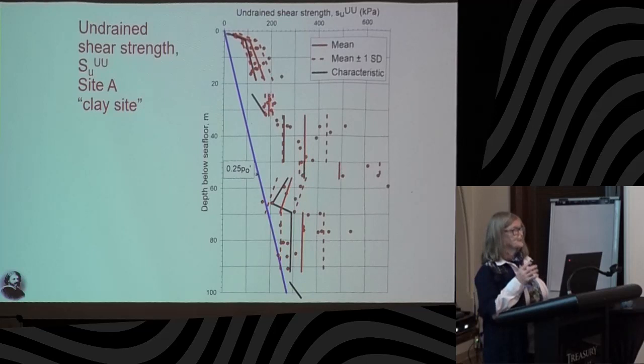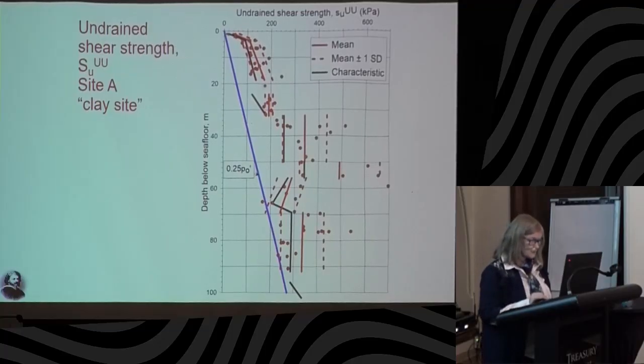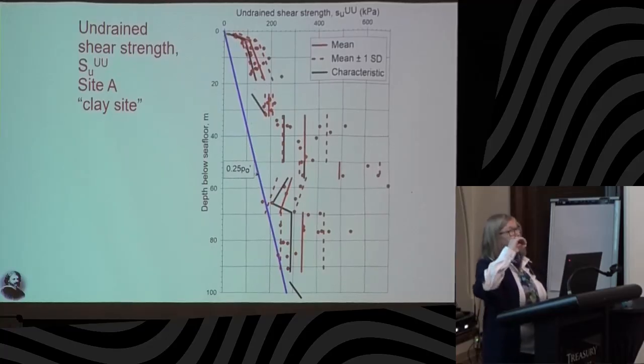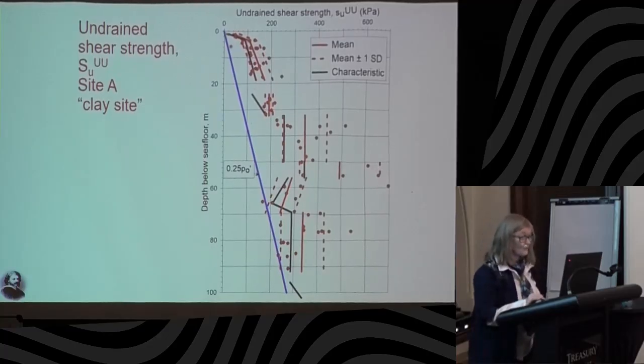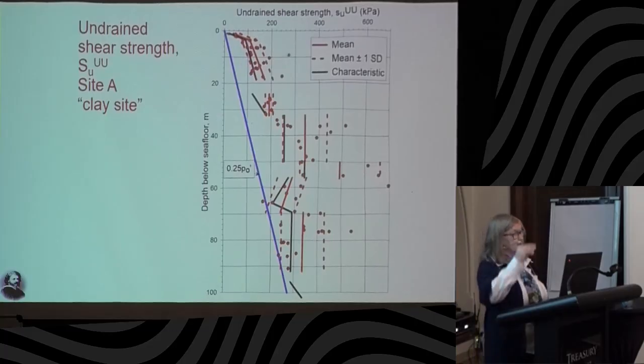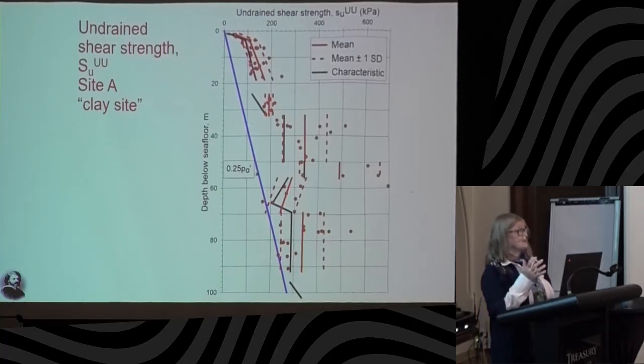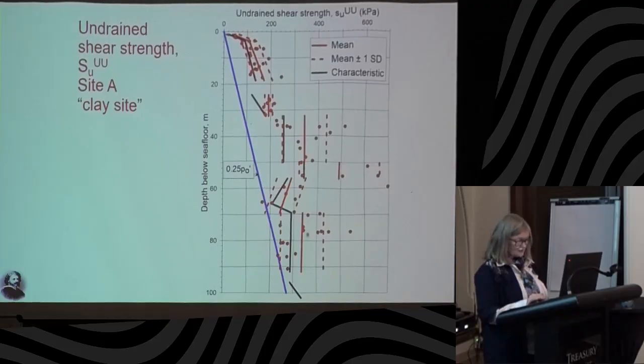And in those days, the strength I was going to use for design was called the characteristic, that's the black line. The mean is the red line. So when you do the deterministic analysis, you use the characteristic. When you do the probabilistic analysis, you consider the entire range of variation of the measured shear strength.